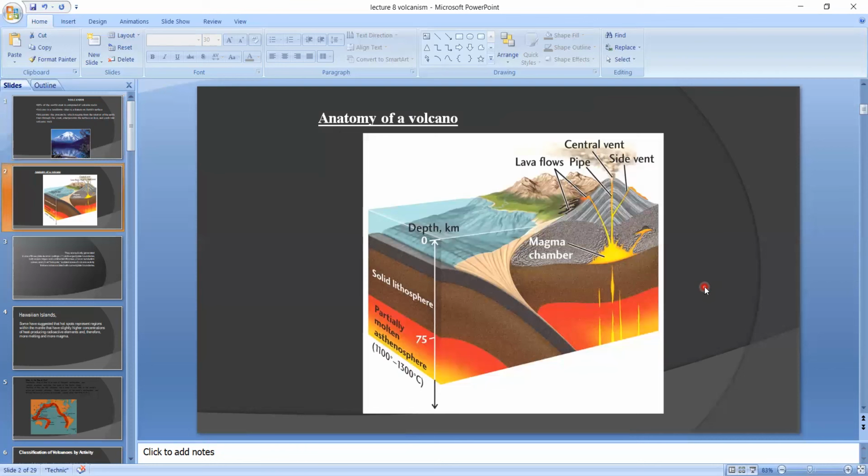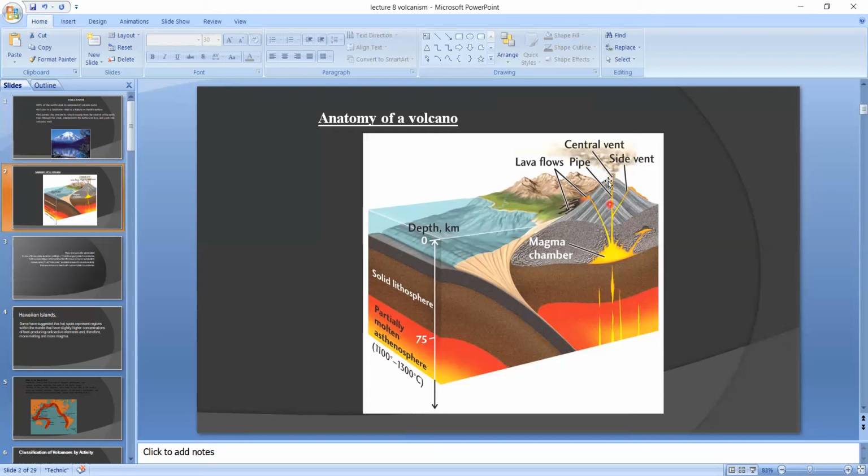This is the typical anatomy of a volcano. You can see these are two plates, continental, and this is the lithosphere, and that is a volcano. And here is a magma chamber. Magma is filling up in this chamber, and through these pipes, which you call vents, magma comes out of the earth, and when it comes out, it is called lava.